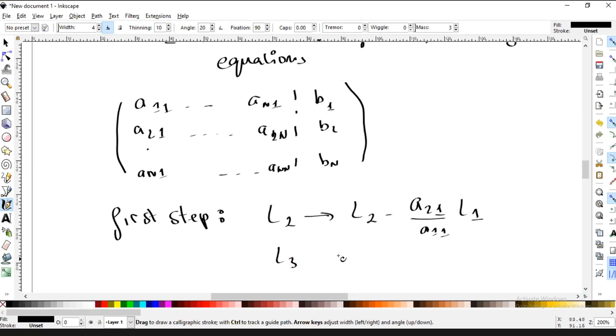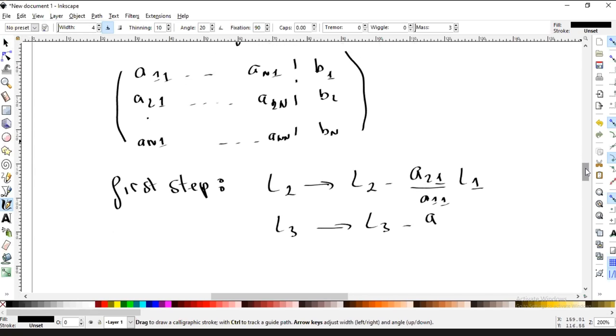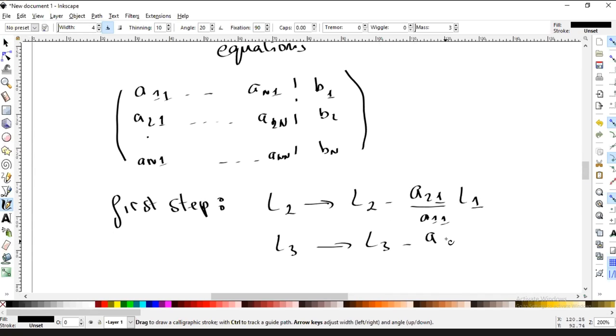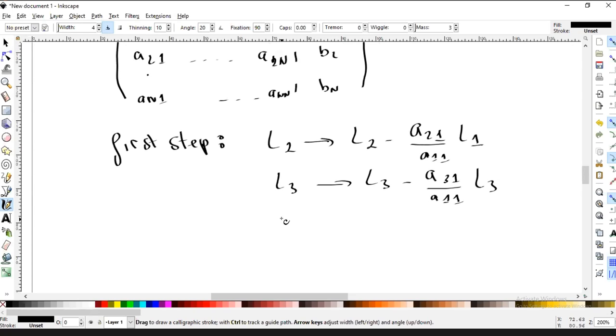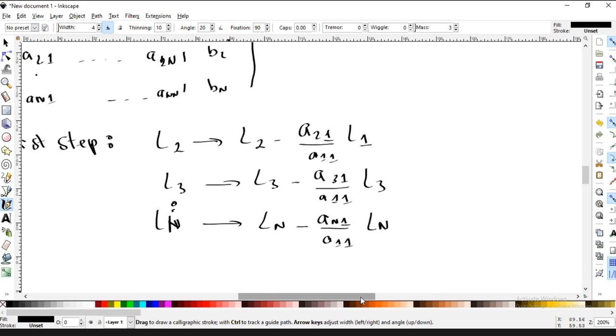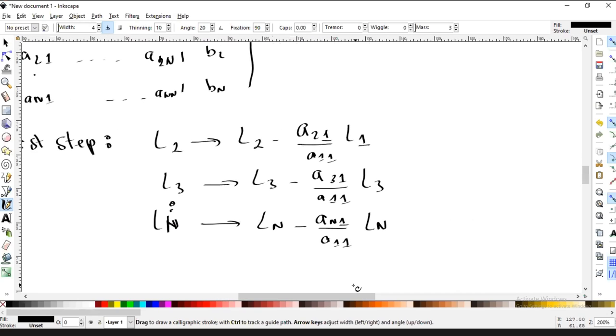Line 3 becomes line 3 minus A31 over A11 times line 1, line 4 similarly, up to line n minus An1 over A11 times line 1.